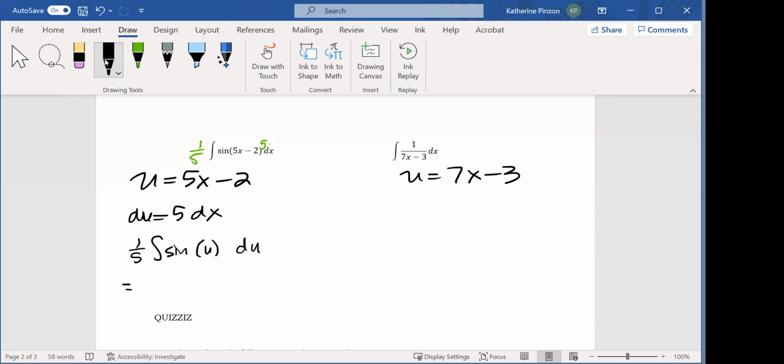What's the antiderivative of sine? Negative cosine, right? So negative 1/5 cosine of u plus c. I started with x's, so I should end with x's. What's going to go in there? 5x minus 2. Perfect.